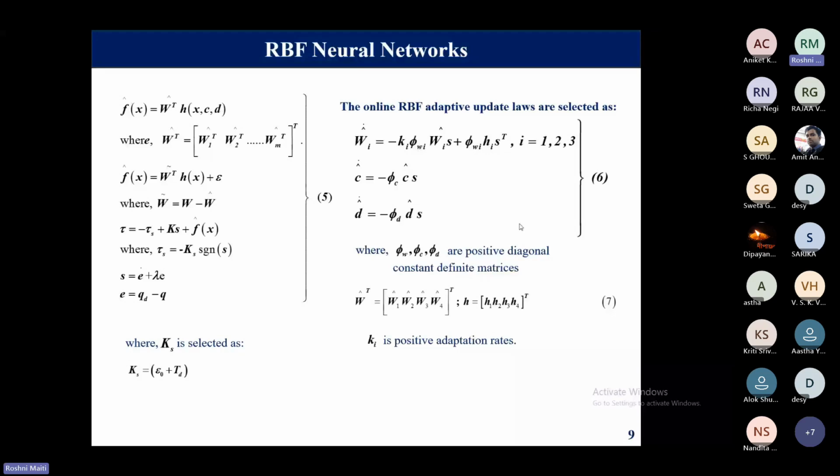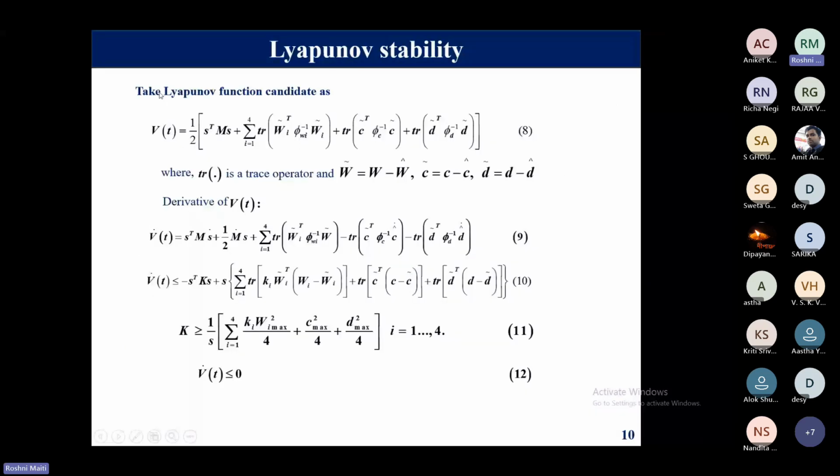Ultimately, in this Lyapunov function we have given these values W, C and D. Whose values we want to adapt, we have to put inside our Lyapunov function, and from this stability criteria we have to develop the adaptive rules in such a way that they are bounded, and they ultimately give me a stabilized control system.